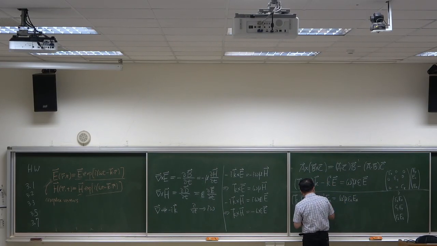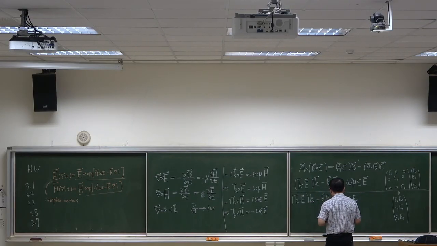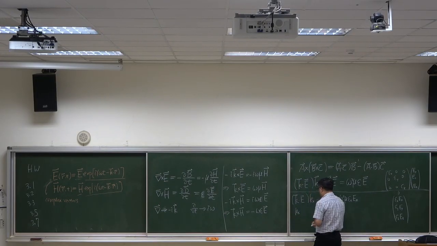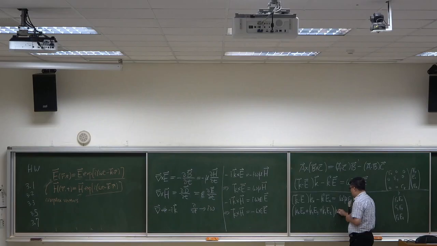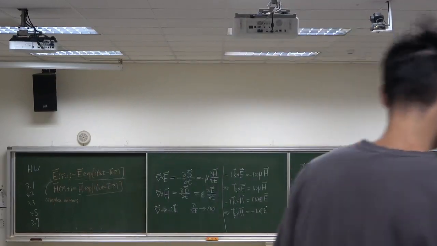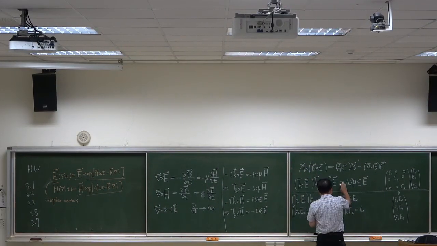And we can rewrite this as Kx Ex plus Ky Ey plus Kz Ez times Kx minus K squared Ex is equal to, sorry, here we have a minus sign.